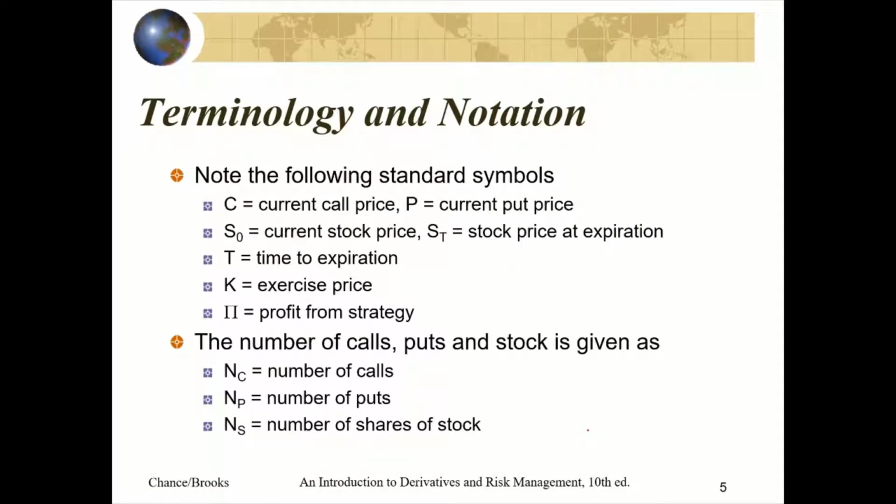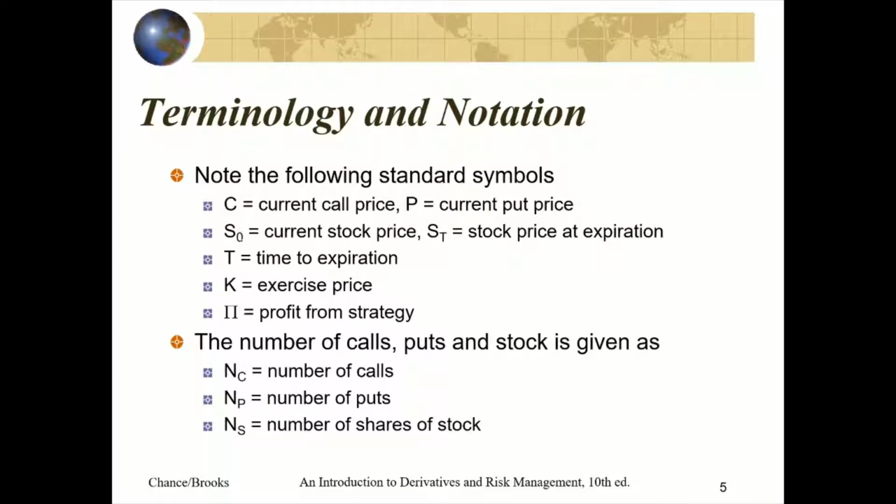Again, some of the terminology we already have seen in chapter 11: the current call price, which we will refer to by C, and the current put price, which we will refer to by P. We learned in chapter 11 that capital C is for American and small c is for European.